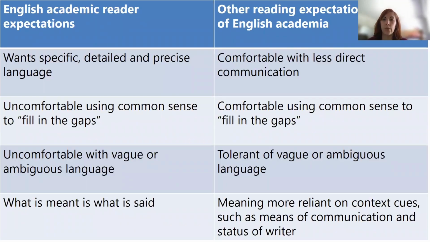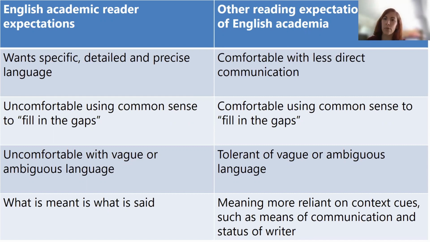So just to think a little bit more deeply about writer responsible versus reader responsible. That's the English academic reader expectations there. That is being writer responsible. So what do readers of our academic writing want? They want specific, detailed, precise language. They don't want to fill in the gaps.